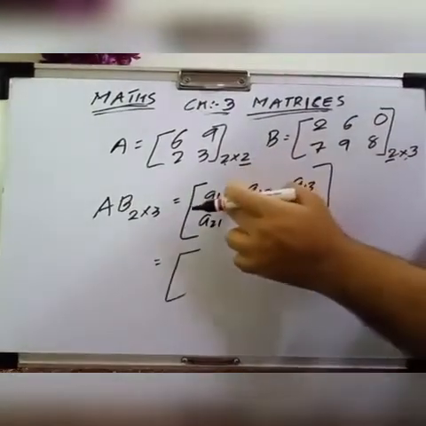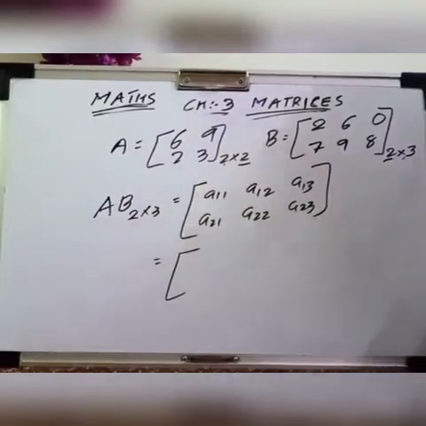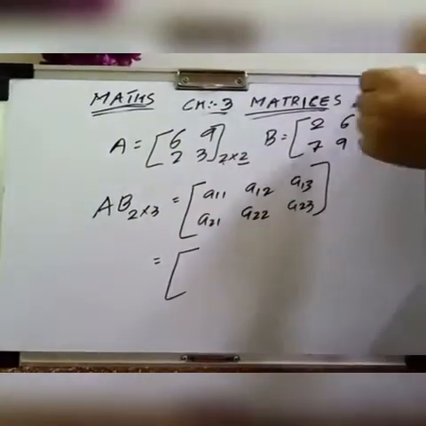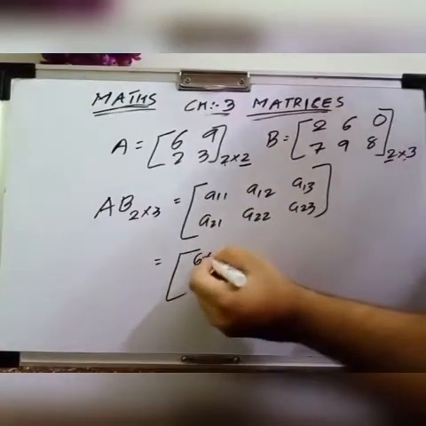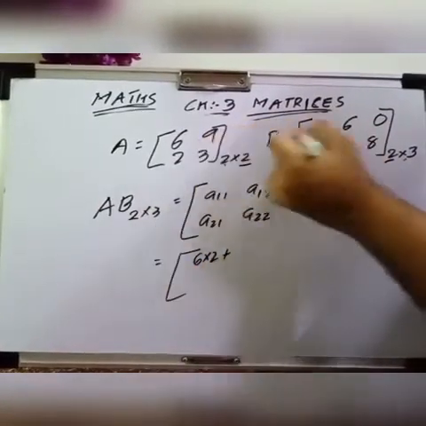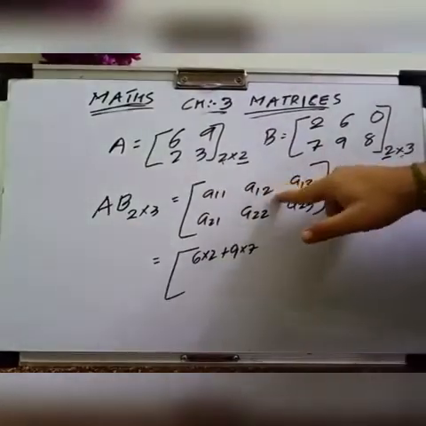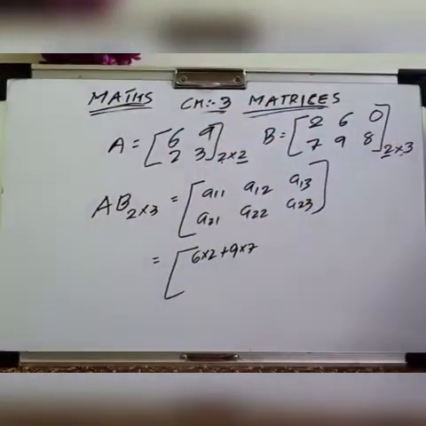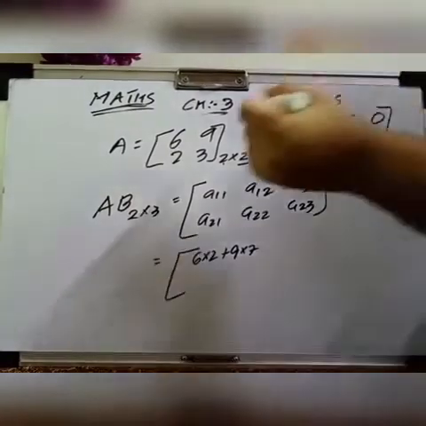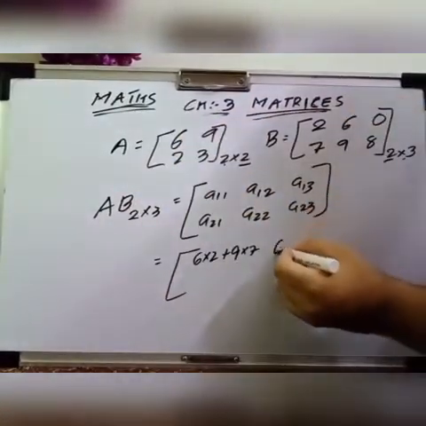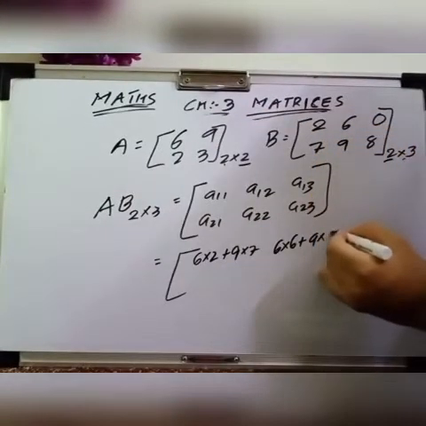So here this element is row 1, column 1. We will use row 1 of A matrix and column 1 of B matrix, and will multiply 6 into 2 plus 9 into 7. Row 1, column 2: row 1 of A matrix and column 2 of B matrix, individual elements will multiply, that is 6 into 6 plus 9 into 9.